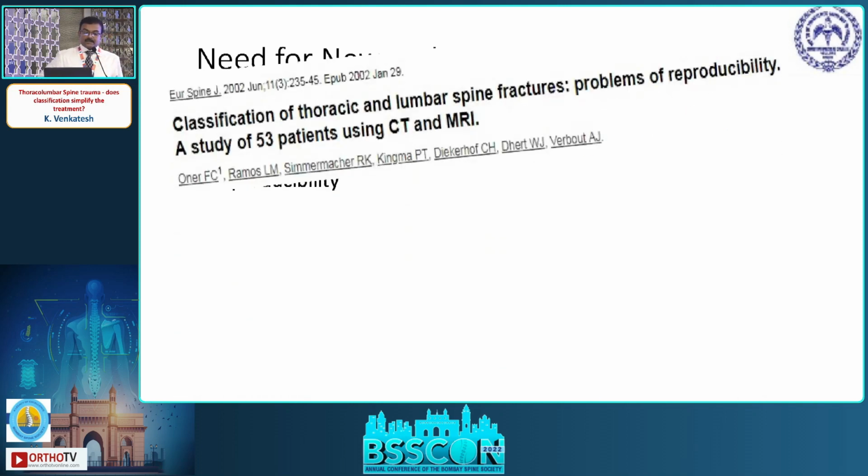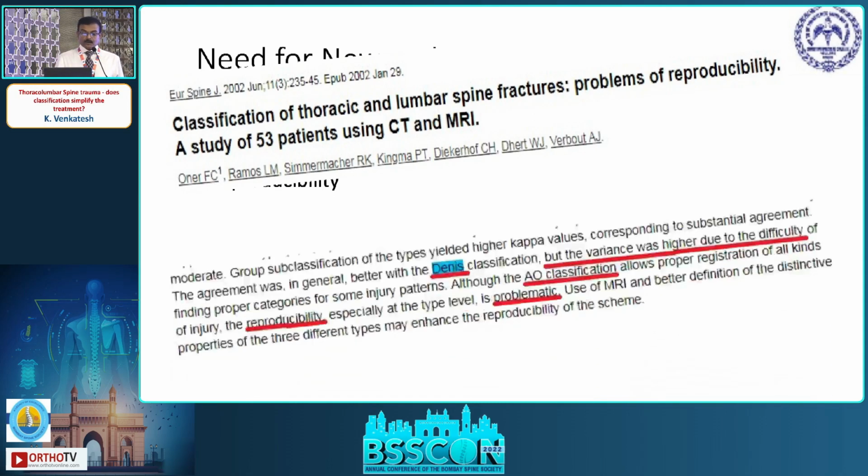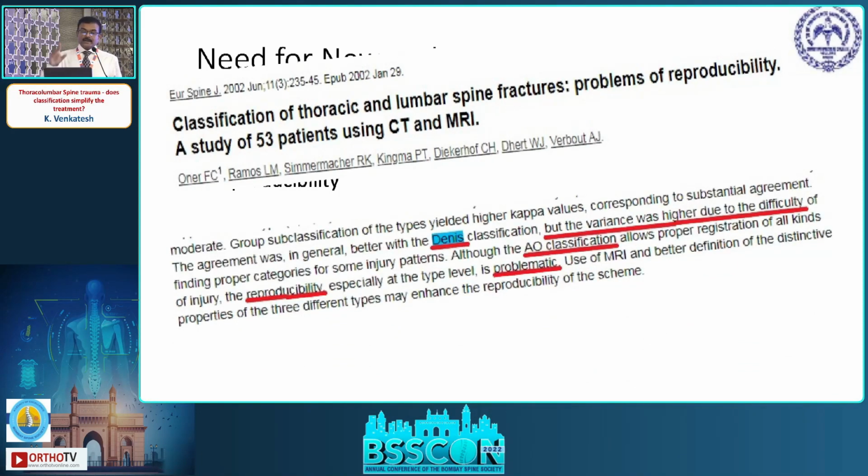If you see this 2002 article, they were trying to classify thoracic and lumbar spine fractures with the problems of reproducibility. They used the Dennis classification and the AO classification by Magerl, which is 1994, and the other one was the 1983 classification. They said that although the AO classification shows the mechanism and morphology, the reproducibility is very bad.